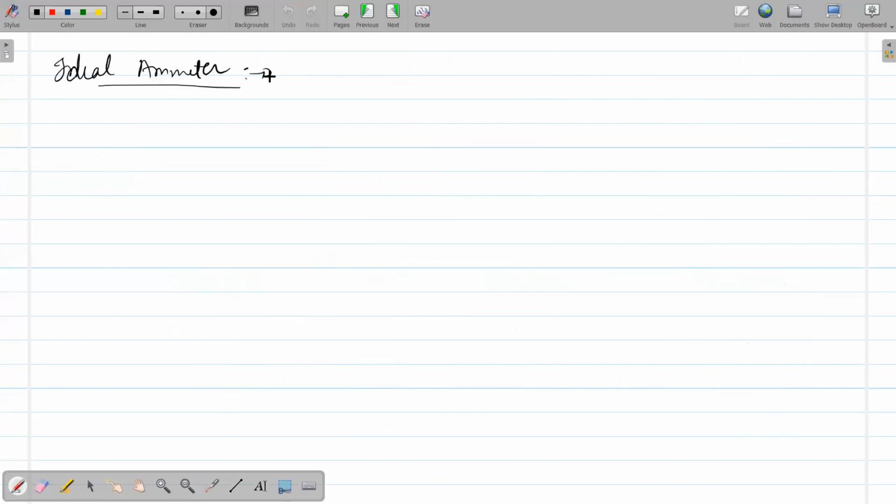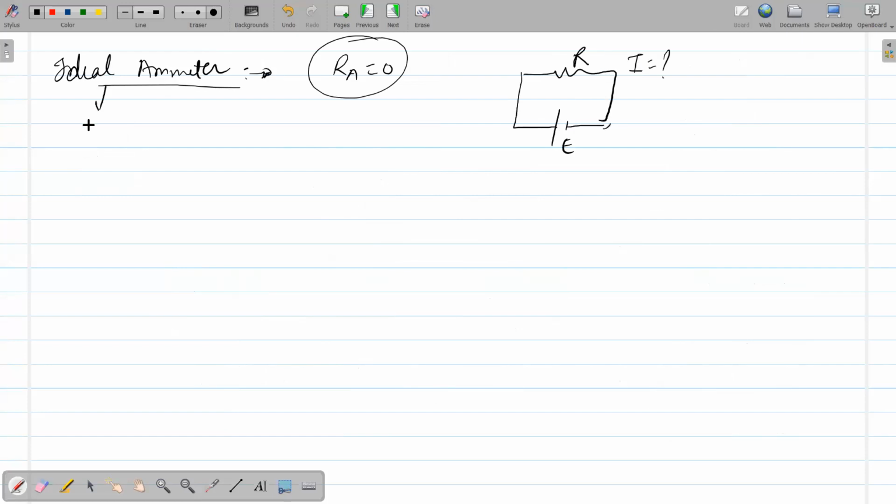Actually, we are talking about the ideal ammeter. So the ideal ammeter has an effective resistance of 0, right? There is zero resistance in an ideal ammeter. Why zero resistance? Suppose we have this simple circuit, this is E, this is R, and I want to measure current, right? And an ideal ammeter gives an accurate, exact reading with no error.